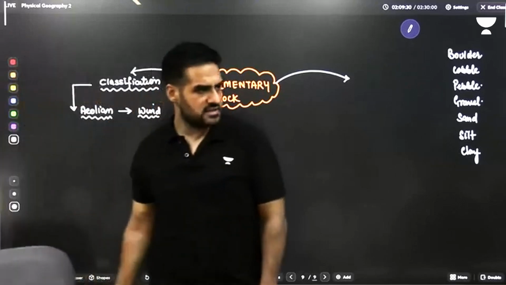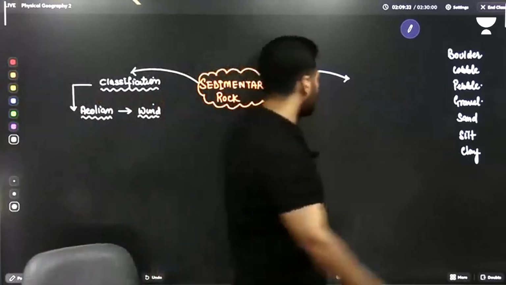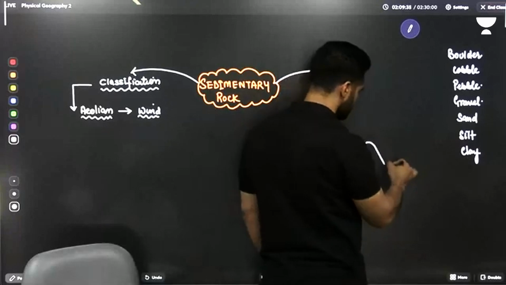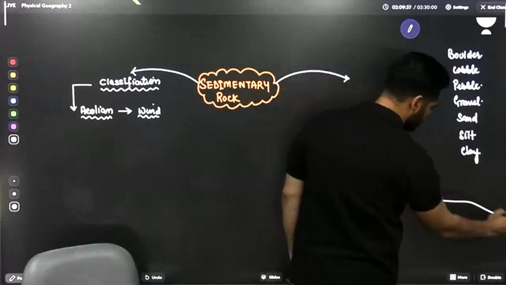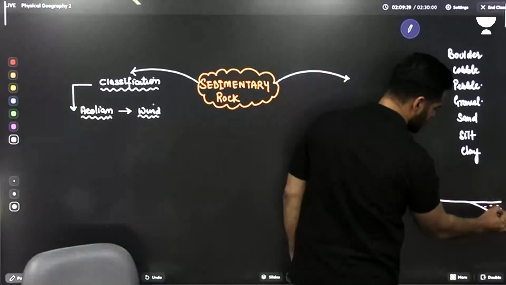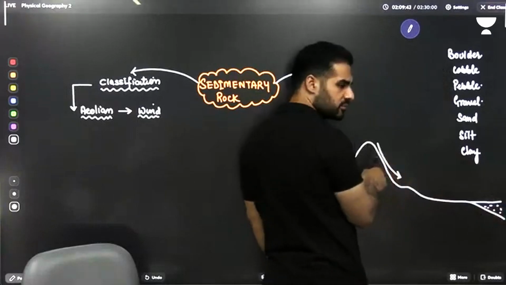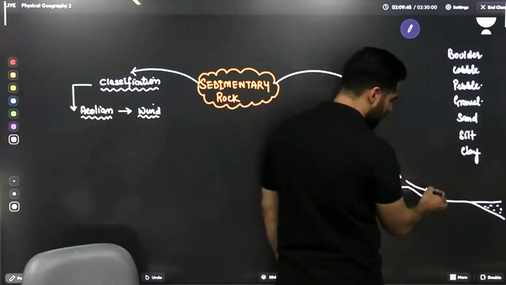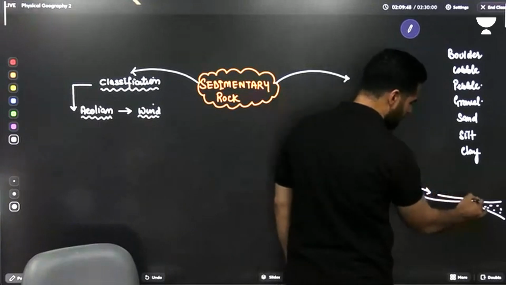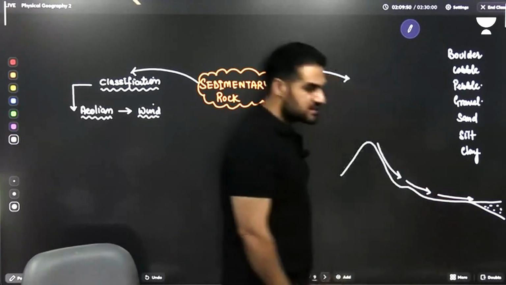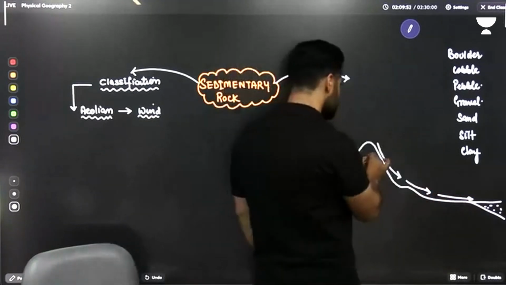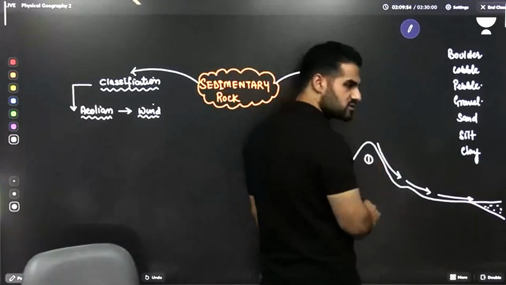This is the same figure we made yesterday. What is the slope here? Steep. What is the slope becoming here? Moderate. What is the slope becoming here? Gentle. Is it clear? Can I call this 1 the upper course of the river, the mountainous course?